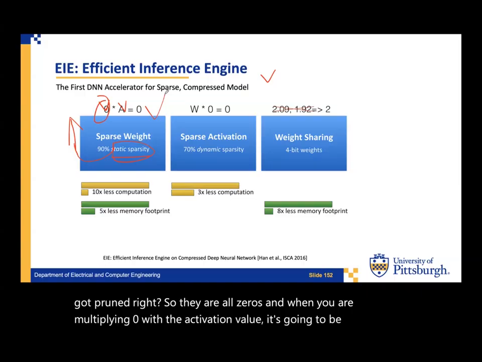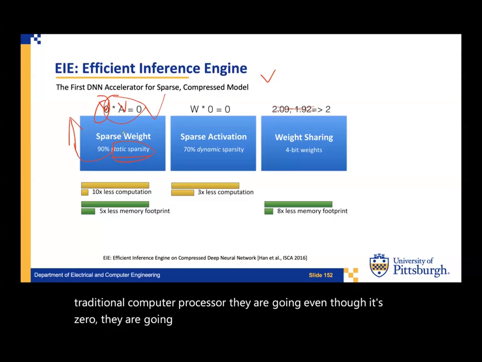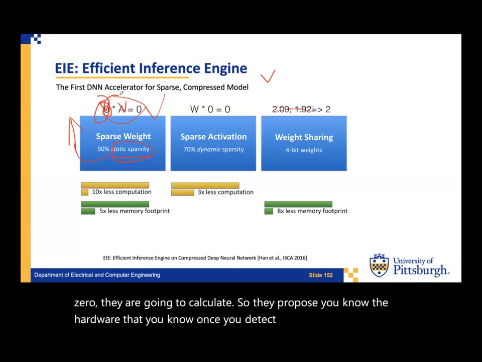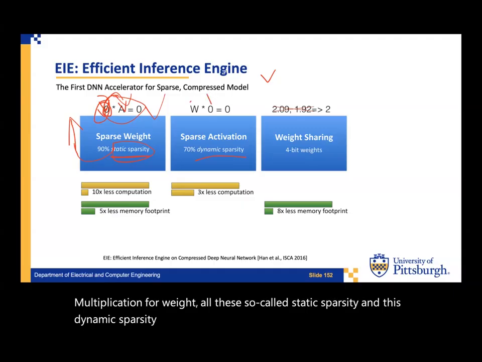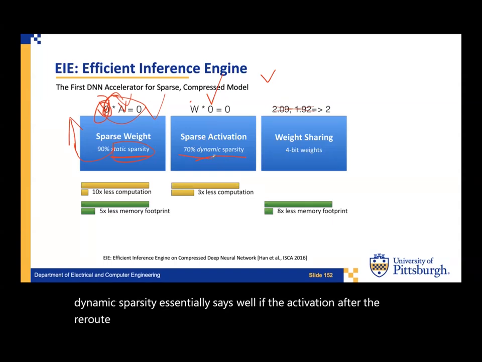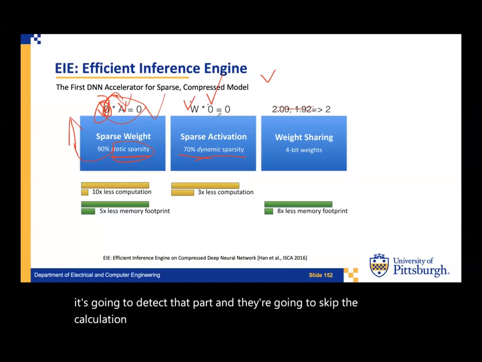In a traditional processor, even though it's zero, they are going to calculate it. So they propose hardware that, once you detect a zero, skips this multiplication for weights, the so-called static sparsity. And dynamic sparsity says, if the activation after the ReLU is zero, say like 90% of them are zeros, it also detects that and skips the calculation of multiplying the weight with the activation value.